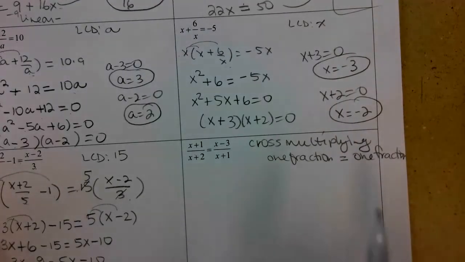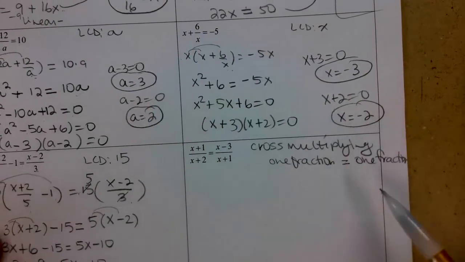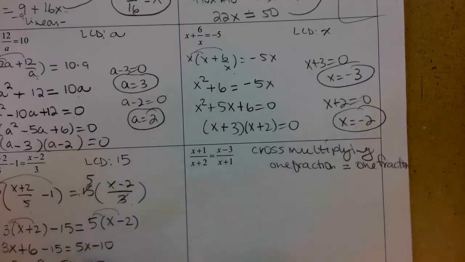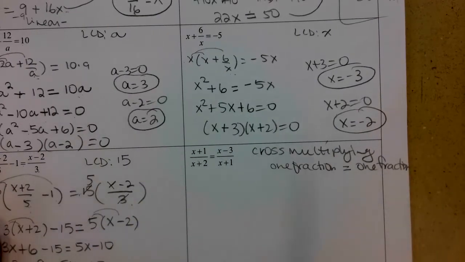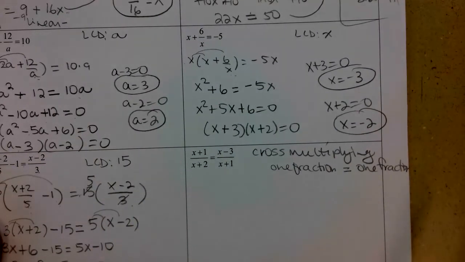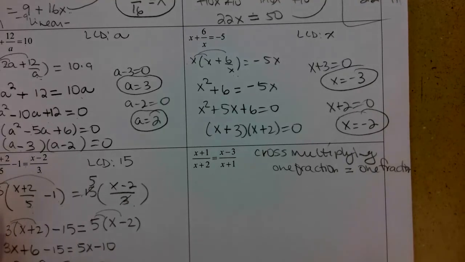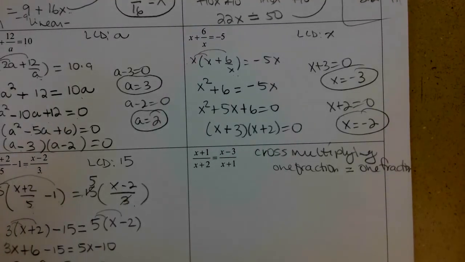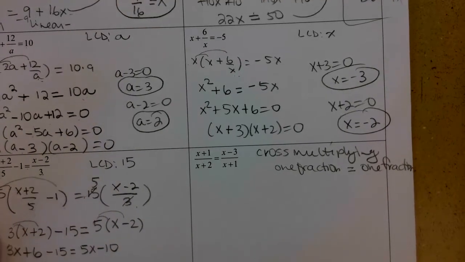So you can't have like 3 terms. There's only one other example on this page where cross-multiplying would be an option. Can you guys see which one that would be? Which one of these other examples is set up where cross-multiplying could work? One fraction equals one fraction.